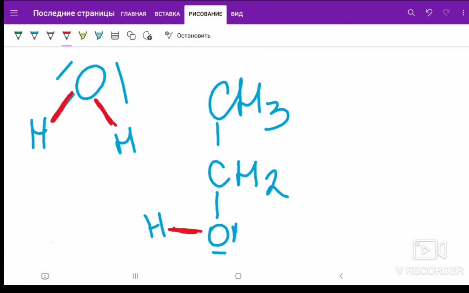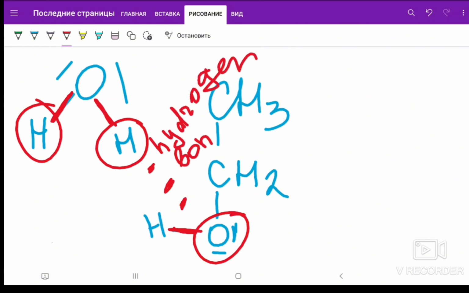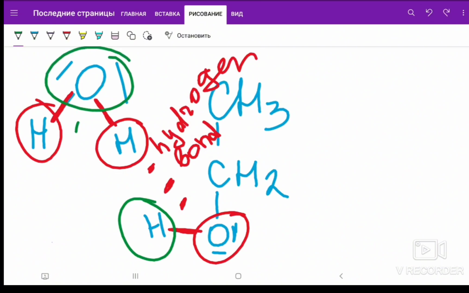So, between these two hydrogens and this oxygen, we will have hydrogen bond. The three spots, like triple dot, shows hydrogen bond. At the same time, between this hydrogen, not this, but the one which is bonded to oxygen, and this oxygen, there will be also a hydrogen bond.